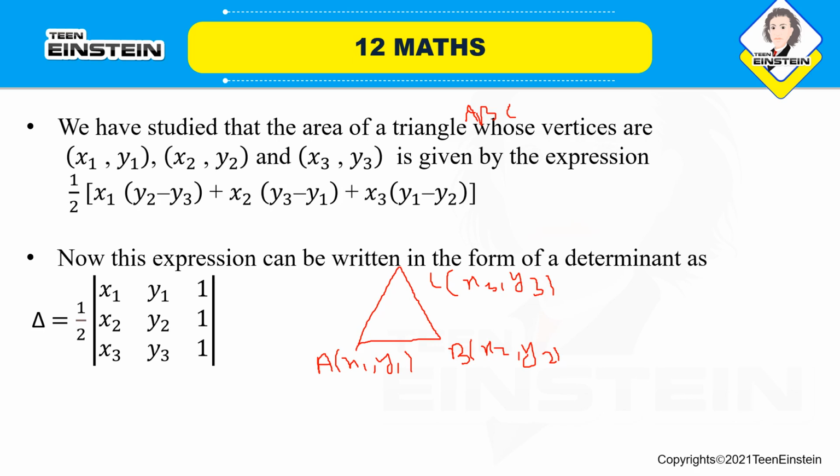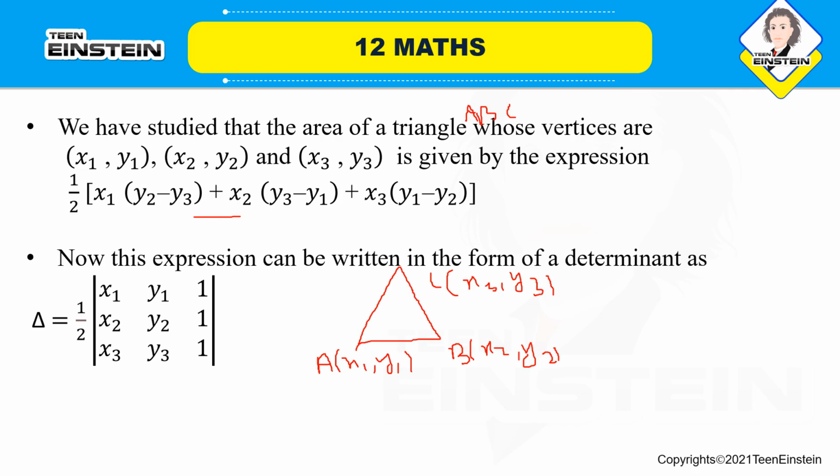This expression can also be rewritten in the form of a determinant as follows: half into determinant x1, y1, 1, x2, y2, 1, x3, y3, 1. This can be taken as delta. How are you writing this? The first vertex x1, y1 is the first row.